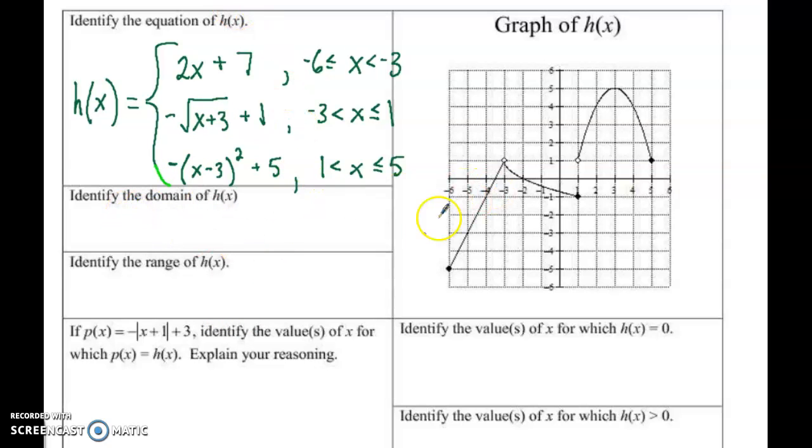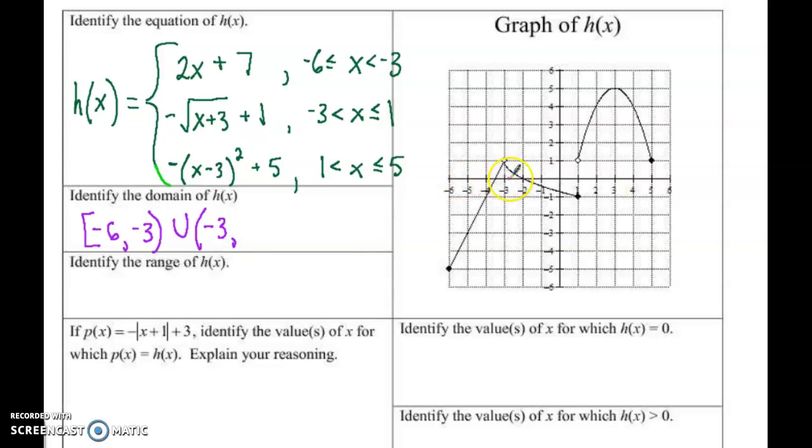Okay, now the domain, I would just look at the graph to define the domain because I would read it left to right. So as we look, it is definitely defined at -6. So use a bracket, and it's not undefined until we get to this value, which is -3. But it's an open circle for both values, so it's a parenthesis to stop.